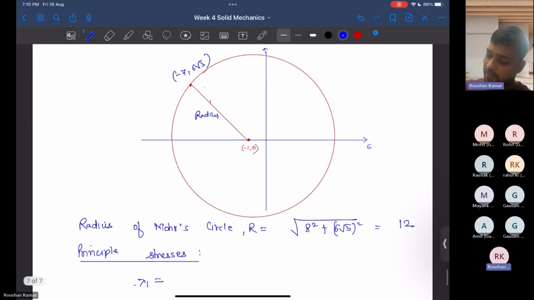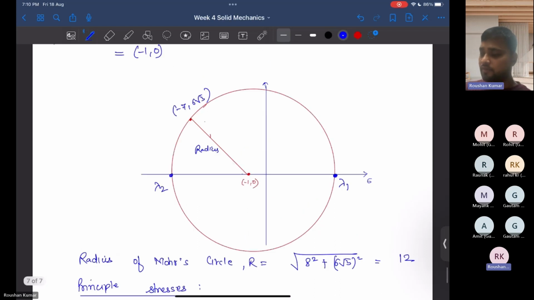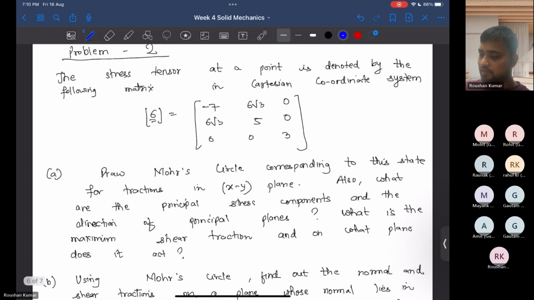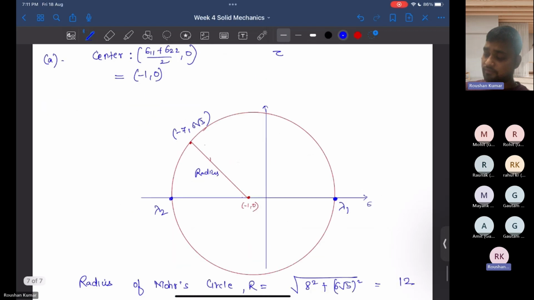This is the value of lambda 1, this is the value of lambda 2, and lambda 3 is already given in the question because the third row and third column have 0 off-diagonal components. So basically it means the third principal stress is aligned along the third coordinate axis.